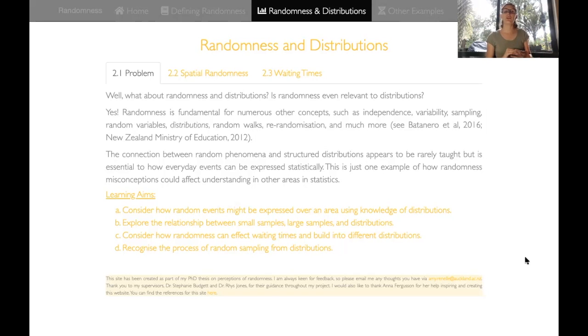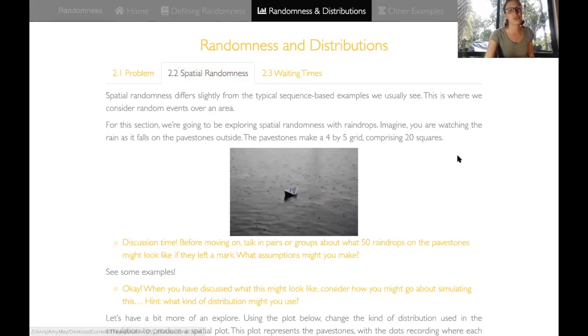We also want to explore the relationships between small samples, large samples, and distributions, consider how randomness can affect waiting time, and recognize the process of random sampling. Today, we're only going to be having a look at spatial randomness. Now, this page might look a little bit different depending on how long it's been since I recorded this video and you're watching it, but hopefully it's mostly the same.